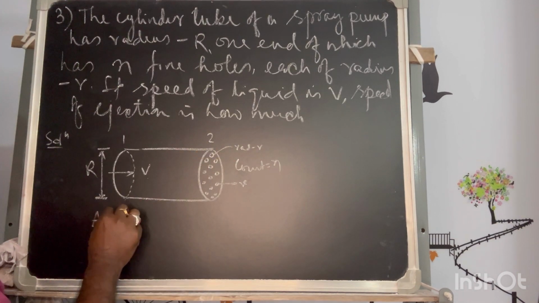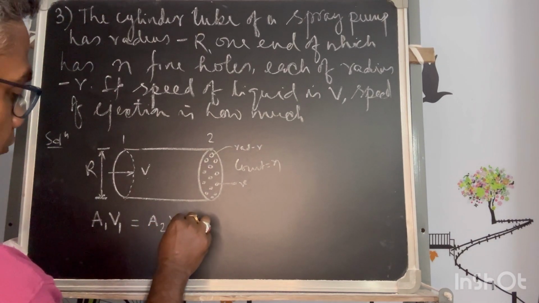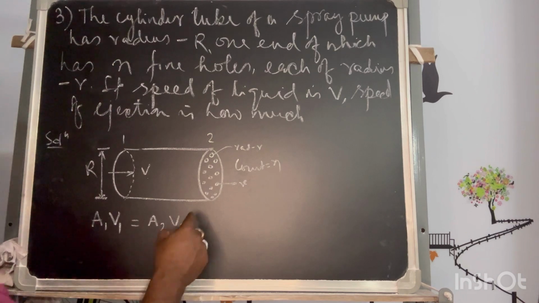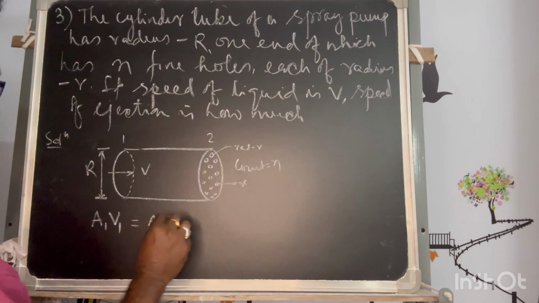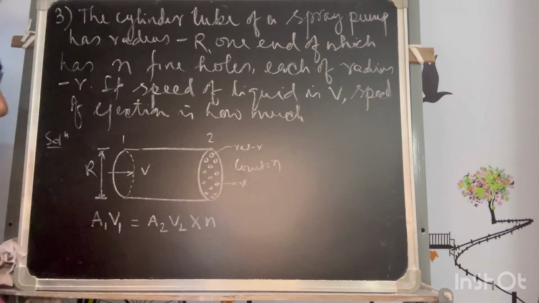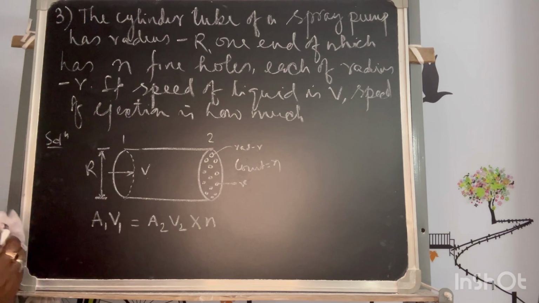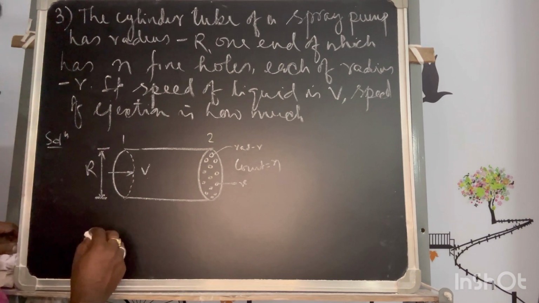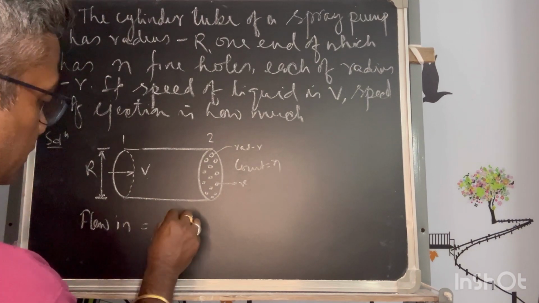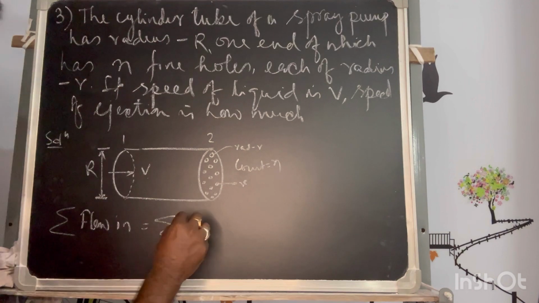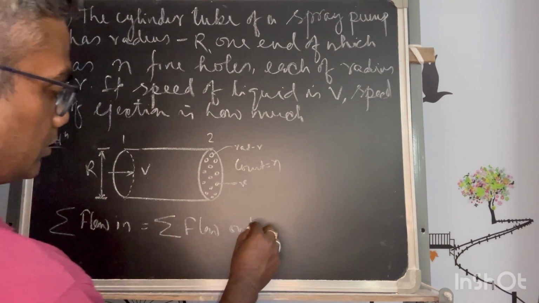So A1 V1 at the first position is equal to A2 V2 at the second position, but that has to be multiplied by n. Or rather, we'll go with the basic one: flow in equal to sum of flow out.